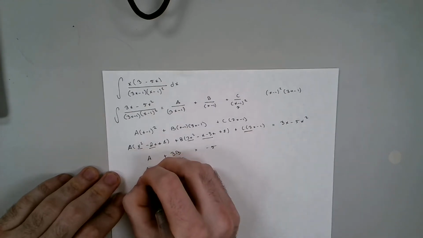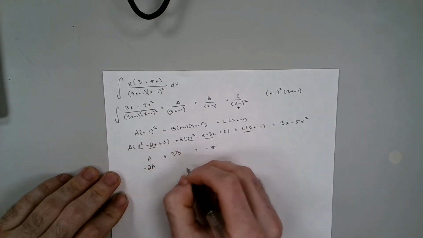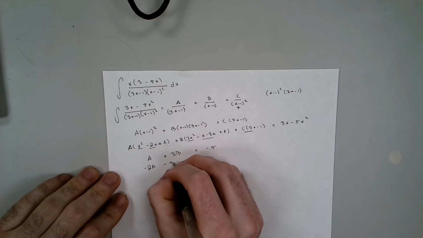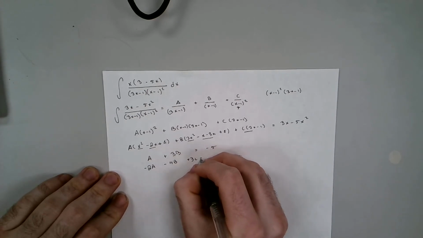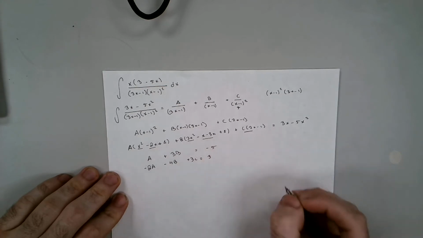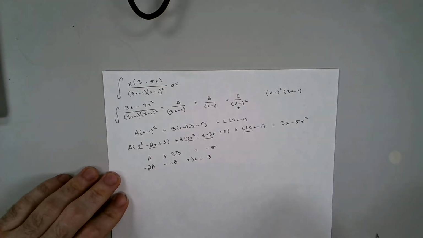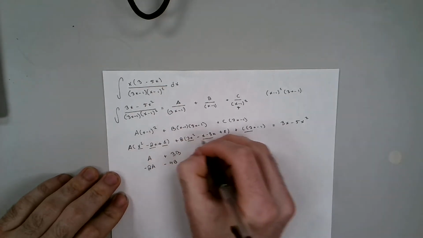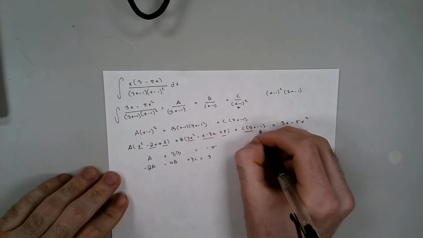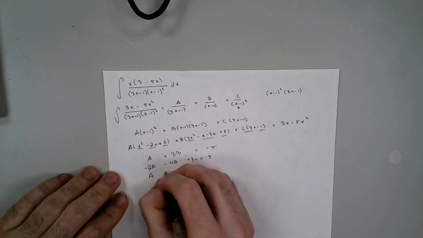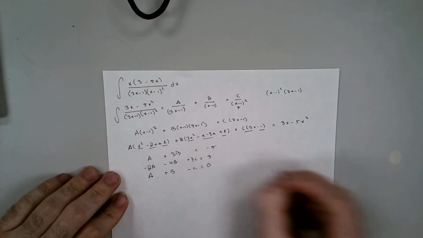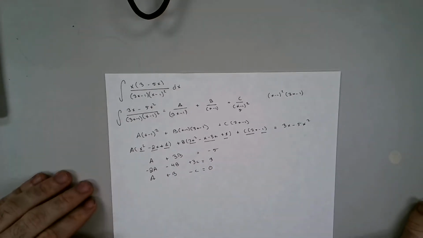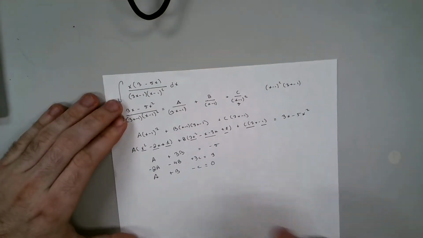So minus 2A minus 4B plus 3C is equal to 3. And then we're going to have our constant terms: A plus B minus C, and that's all equal to 0.